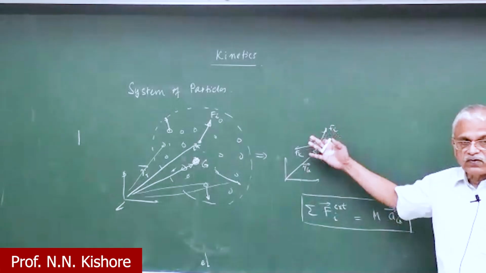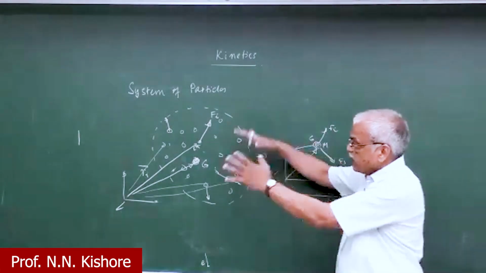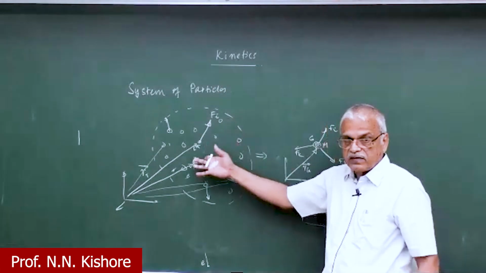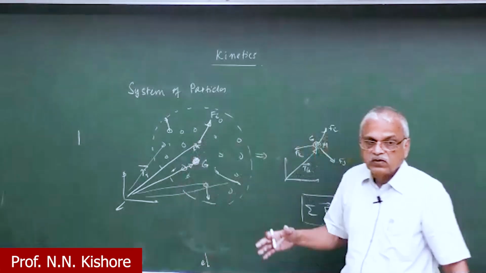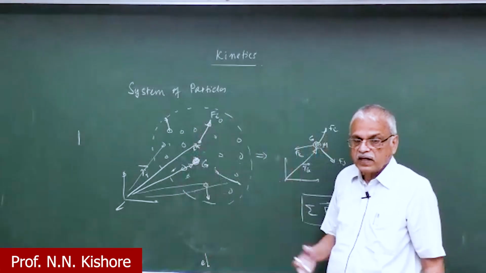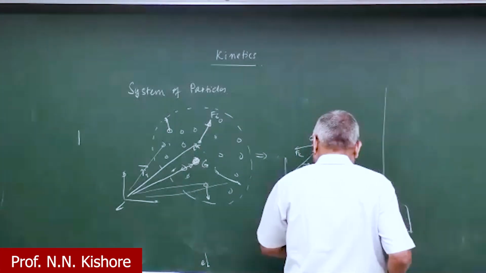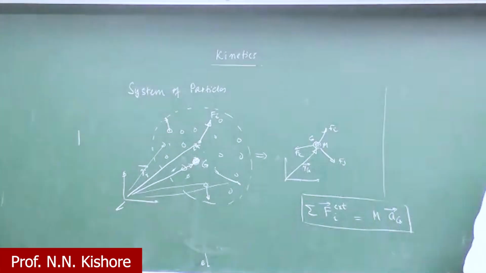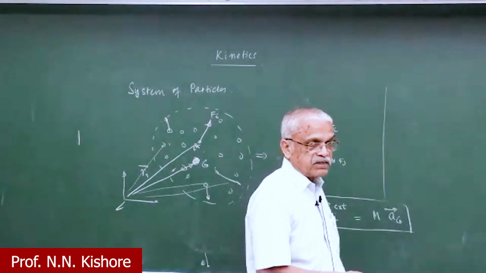What does that mean? We have a linear momentum given by Gi, and if you take its moment about some point, then we will get the angular momentum about that point. Since we are talking about the moment of linear momentum, this is about some point. So how do we evaluate this?